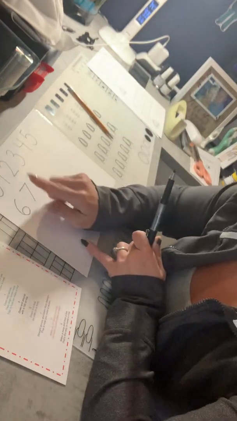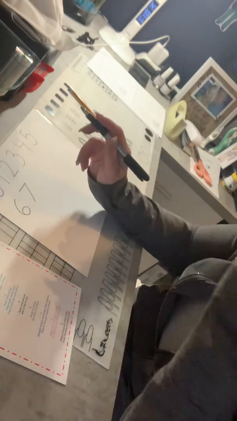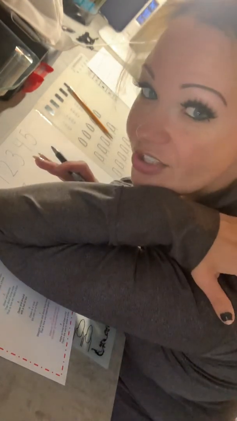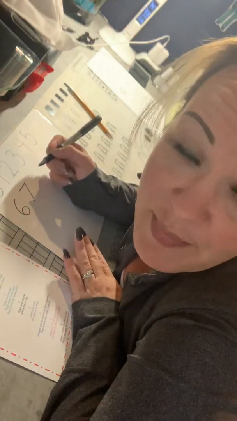Now, number 6, 7, 8. This one is the trickiest of tricky numbers. And if you can make this number, you deserve a pat on the back like that. Good job. Ready? Let's try it. Like an S. Who has an S in their name and they're practicing it? This is really good for you. Ready?